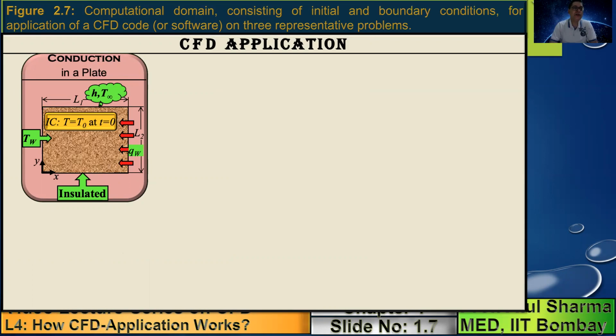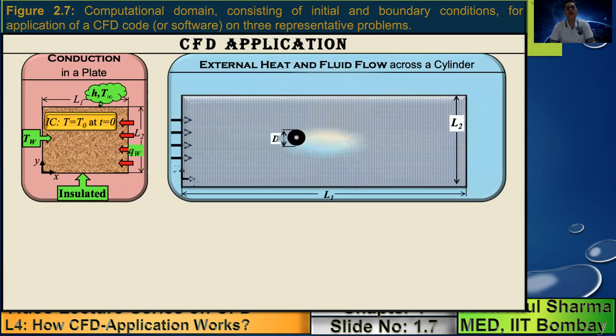Note that the constant wall temperature is called a Dirichlet boundary condition, whereas all the other boundary conditions are called gradient type boundary conditions. So the boundary temperature does not vary with time in the case of a constant wall temperature, whereas when you have a gradient type of boundary condition, the boundary temperature evolves with time.